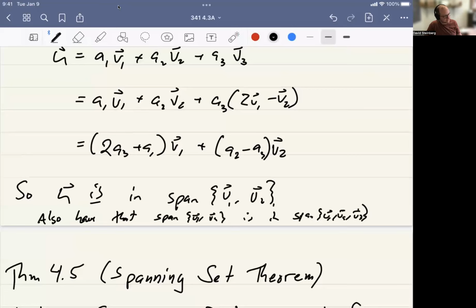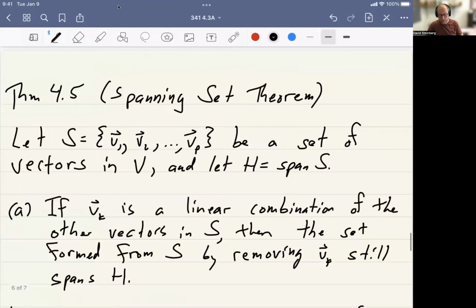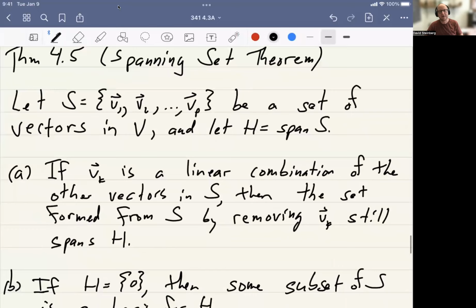And one of the reasons I wanted to mention this was as an intro to this little theorem we have, theorem 4.5, which says if you have a set of vectors S, and we take H to be the span of this set, then there are two considerations.